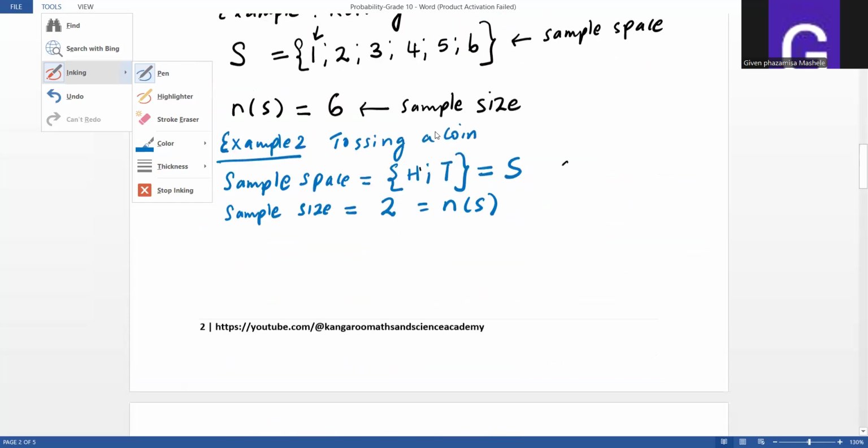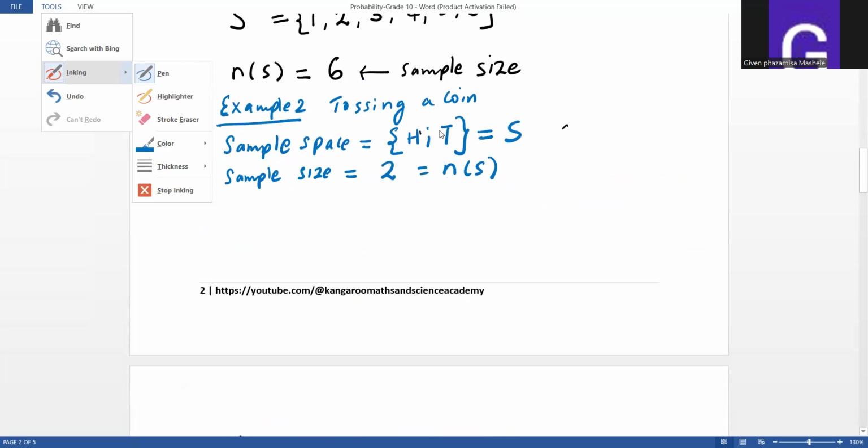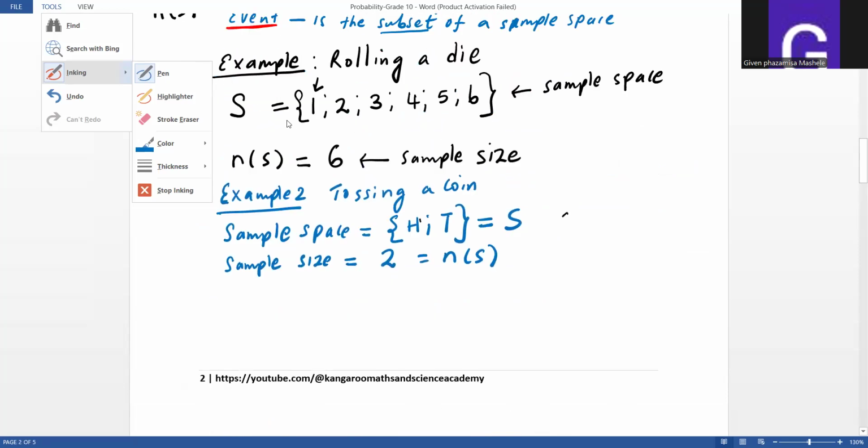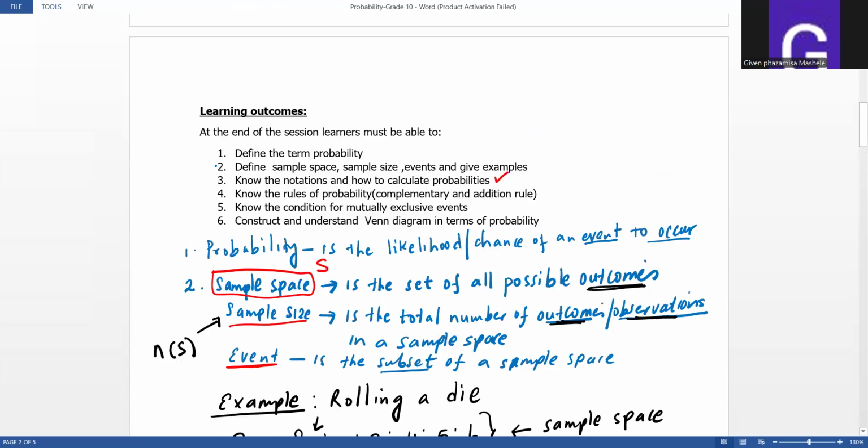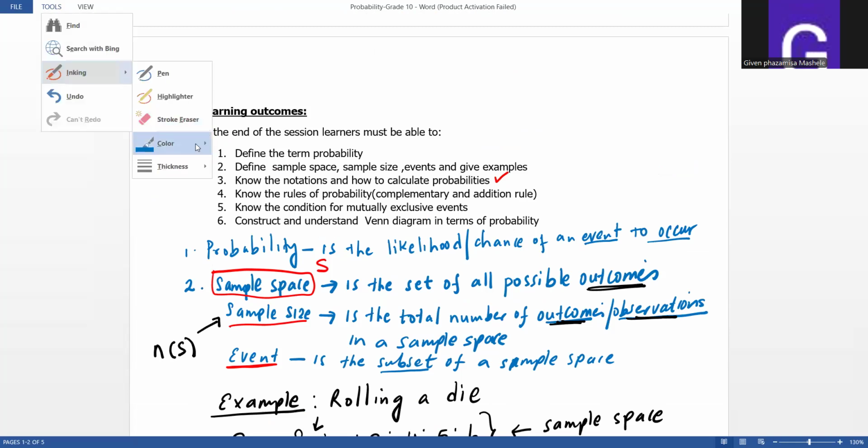In order to calculate the probability of an event, one must know the notations behind probability. You need to familiarize yourself with the notations behind probability.